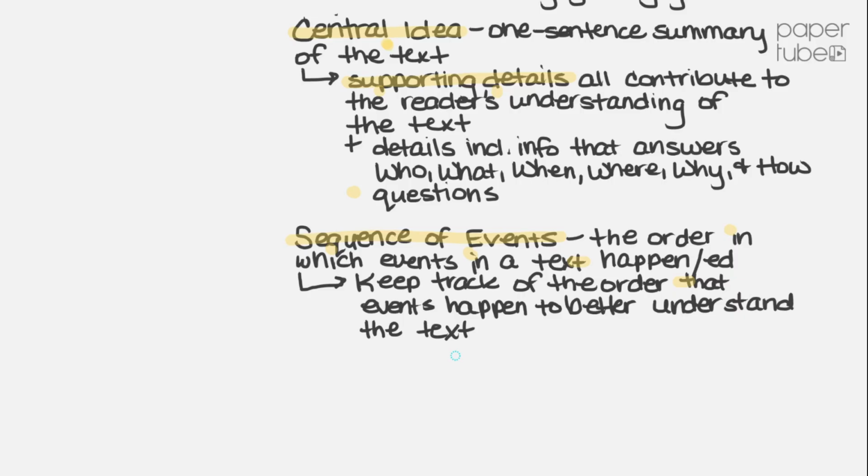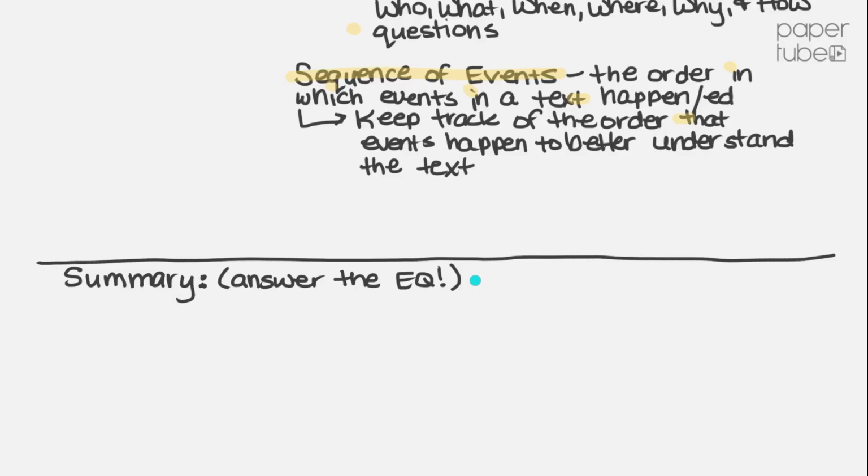So if you're reading a news article, it's important to keep track of what happened when and how one event might have led to another. So you can do that by kind of making a timeline for yourself in your head of those events. And that will help you as the reader better track and understand what's going on.